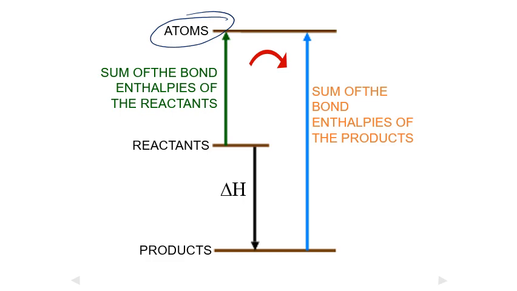So the change in enthalpy, delta H, will basically be the sum of all the bond enthalpies of the reactants subtracted from the sum of the bond enthalpies of the products. Okay? And that will give you the change in enthalpy of the reaction itself.